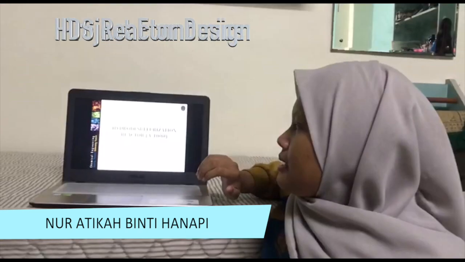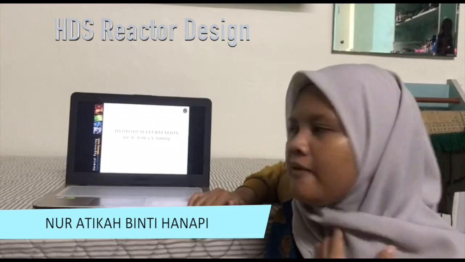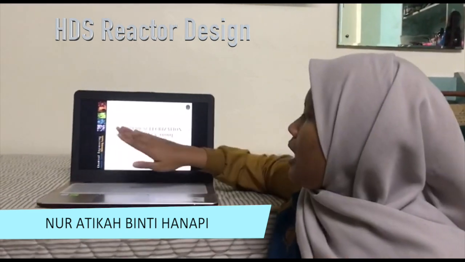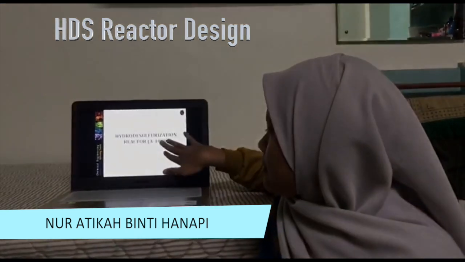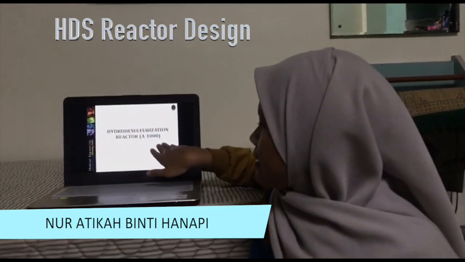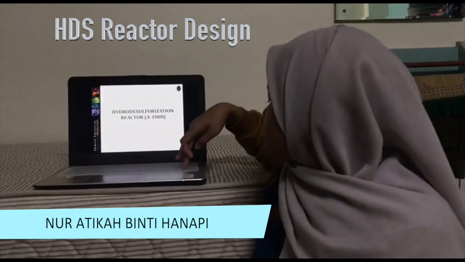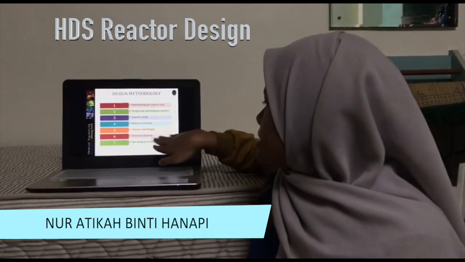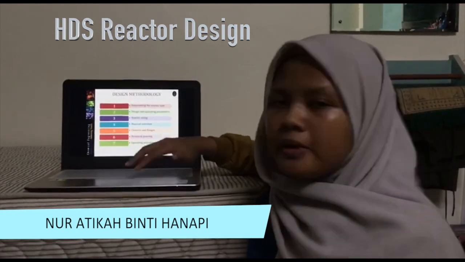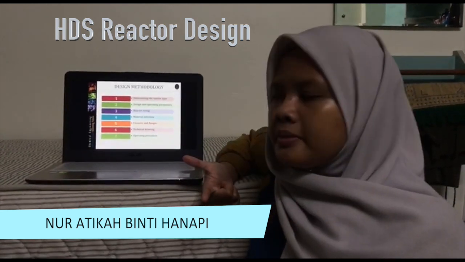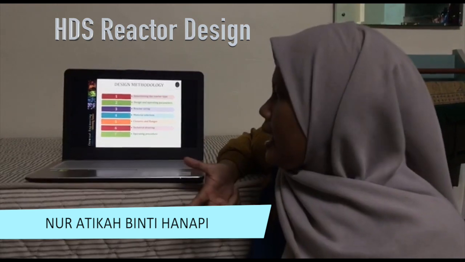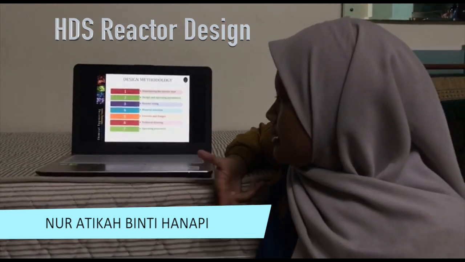This is my major reactor. For my part, I do the desulfurization reactor, which has the code A1000. This is my design methodology. The first step, I determine the type of reactor, the design and operating parameters, and then reactor sizing.